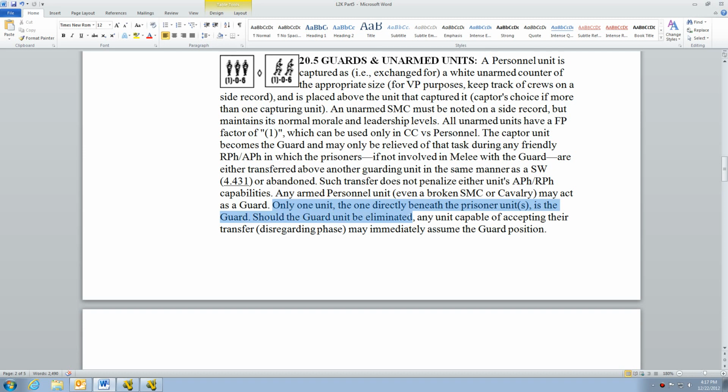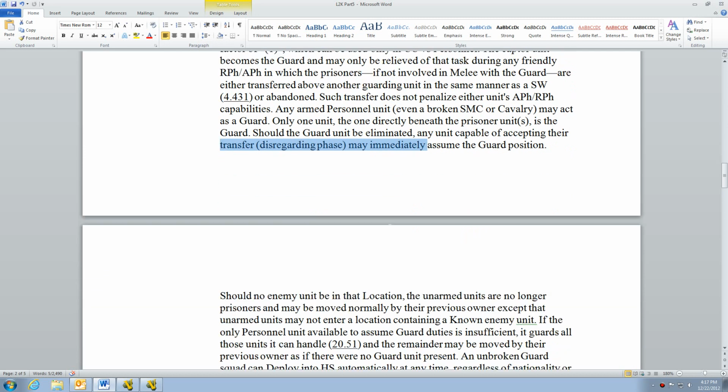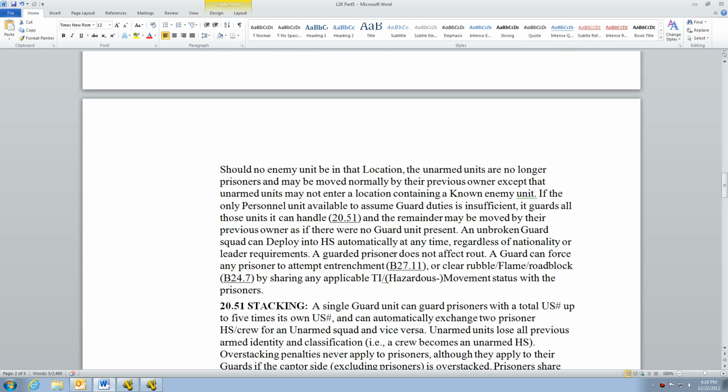Should the guard unit be eliminated, any other unit capable of accepting transfer, disregarding the phase, may immediately assume the guard position. So if you have a half squad that's guarding some people, it gets shot and killed, you have another half squad in there, they can immediately take over the guard duty for the prisoners immediately.